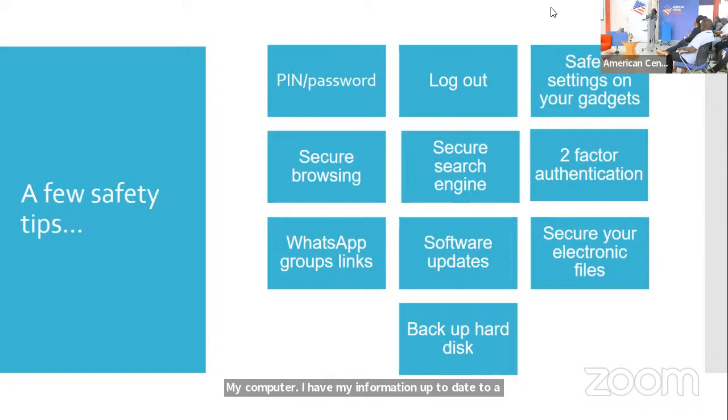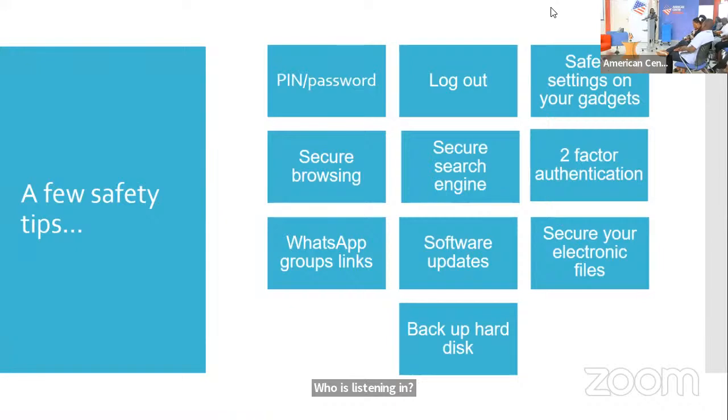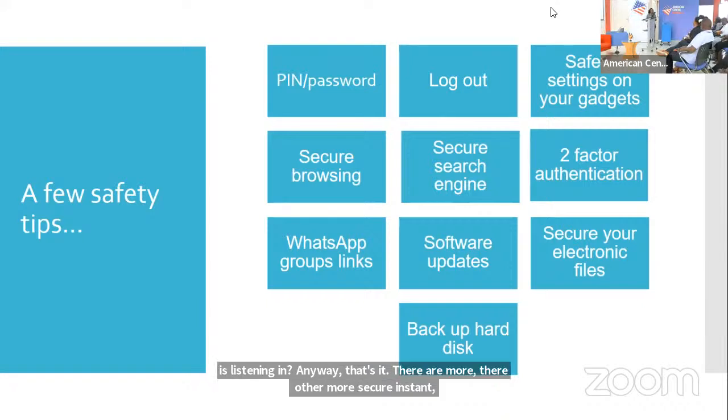And as I end, for those of you, we all use WhatsApp, right? And you know that it's not that secure. It's secure, right? End-to-end encryption, so they say. But now I'm beginning to wonder with Meta AI, really, who is listening in? Anyway, there are other more secure instant messaging apps, and one of them is Signal.